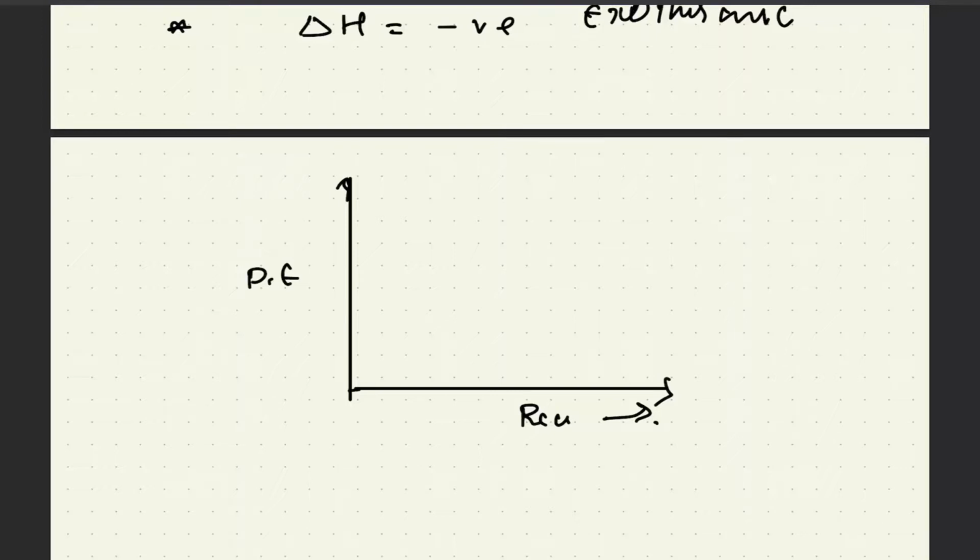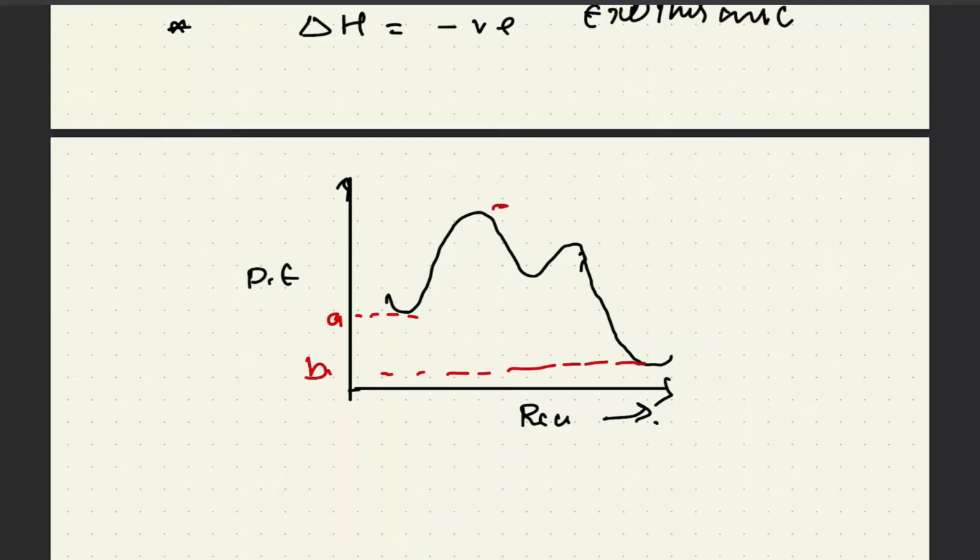So you have somewhat like this, and then you reach transition state 1, and then transition state 2 at a lower energy, and then you reach the final product, which is much lower than the initial energy. The initial energy is at this point A. This is B. Let's say this is transition state 1, transition state 2. The energies of these are the following: this is C and this is D.